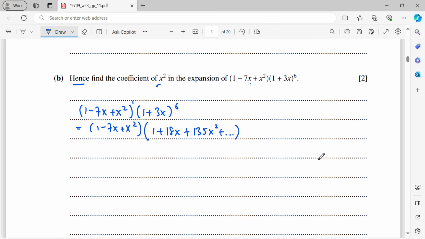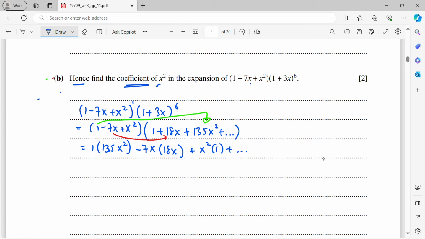Now when you look at the question, we are just interested to find the coefficient for x squared. That means I will ignore the rest of the terms and just concentrate on the terms that give x squared after you expand. So the 1 must multiply with 135x squared, then the minus 7x multiply with 18x, then the x squared just multiply with 1.